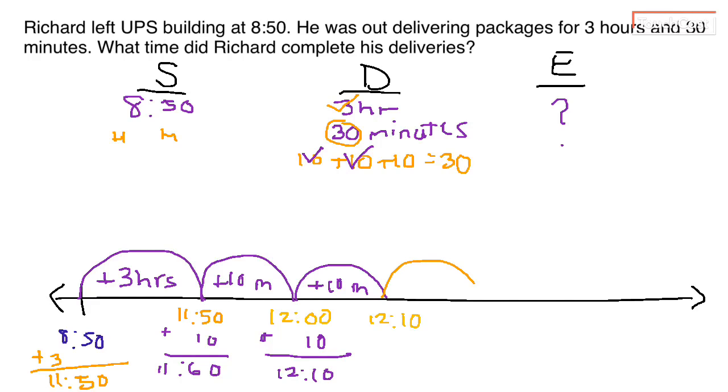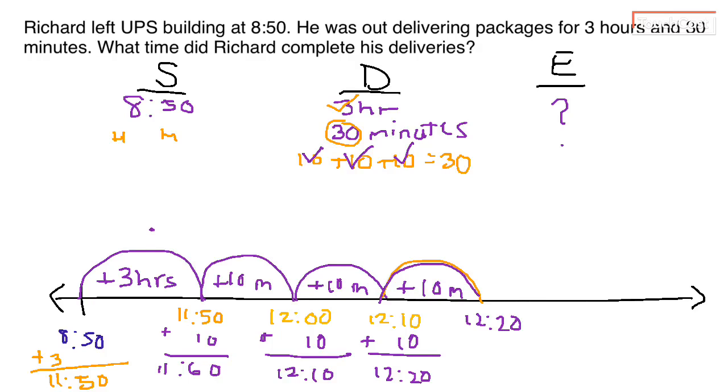Then I'm going to make one more bump just so that we can finish off that 30. So we have plus 10M because we're still adding that minute. So then our new time if we add 10 minutes is going to be 12:20. Let's write that, 12:20. Then, when you're done, you should have checks on all of your numbers up here.